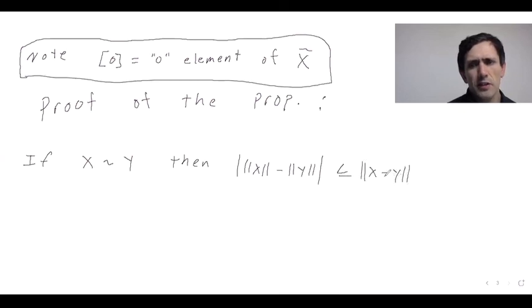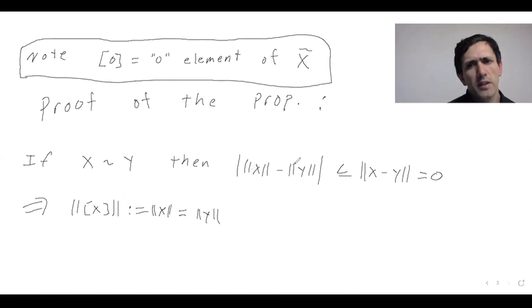By definition, x is equivalent to y when the norm of x minus y is 0. And that in particular implies that the norm of the class generated by x is by definition the norm of x. That's going to be equal to the norm of y by this here.